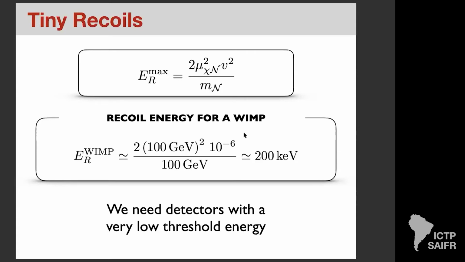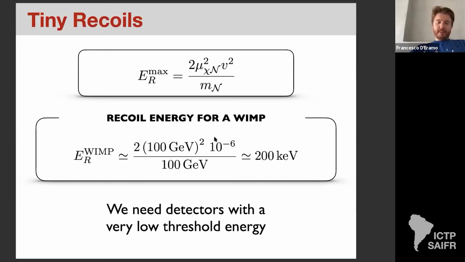Very good. The next question is from Lucas, who's asking, could the gravitational well of the solar system or of the Earth itself lead to a higher local dark matter density? And how sensitive are bounds to these uncertainties in the flux? It is possible, and there are studies of dark matter especially inside the sun.